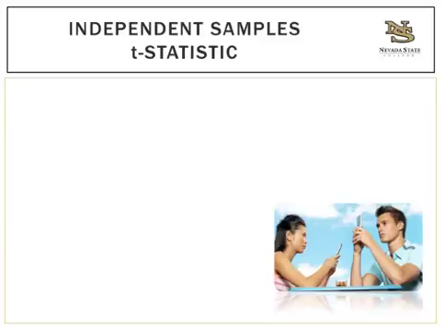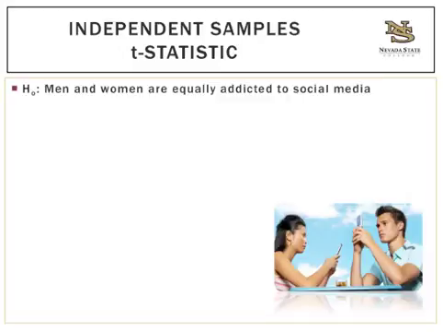So let's put this in the framework of the hypothesis testing that we've been learning in this class. Our null hypothesis is that men and women are equally addicted to social media. In other words, there's no difference between them. You can also put that as the difference between the means for the populations they represent is 0.